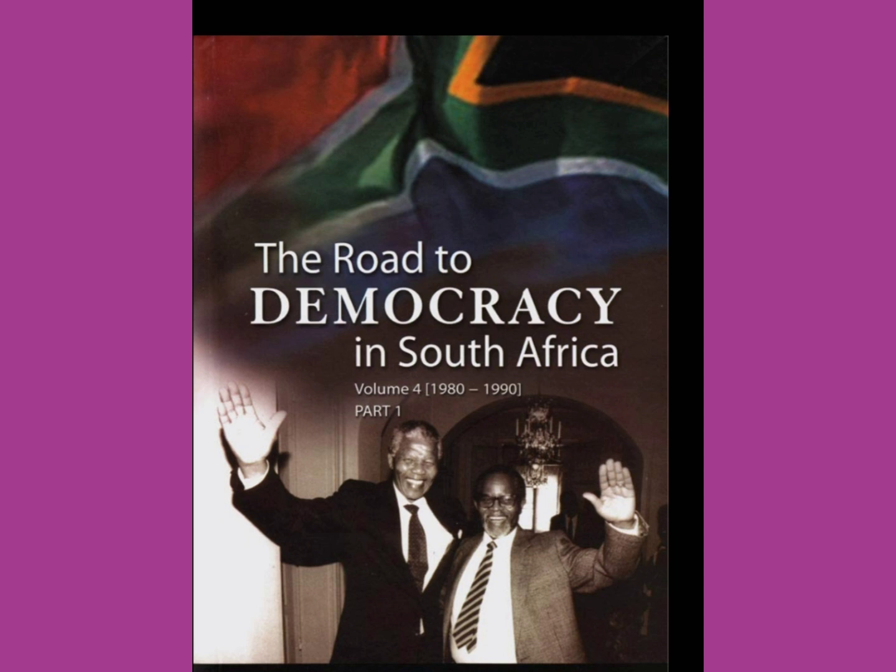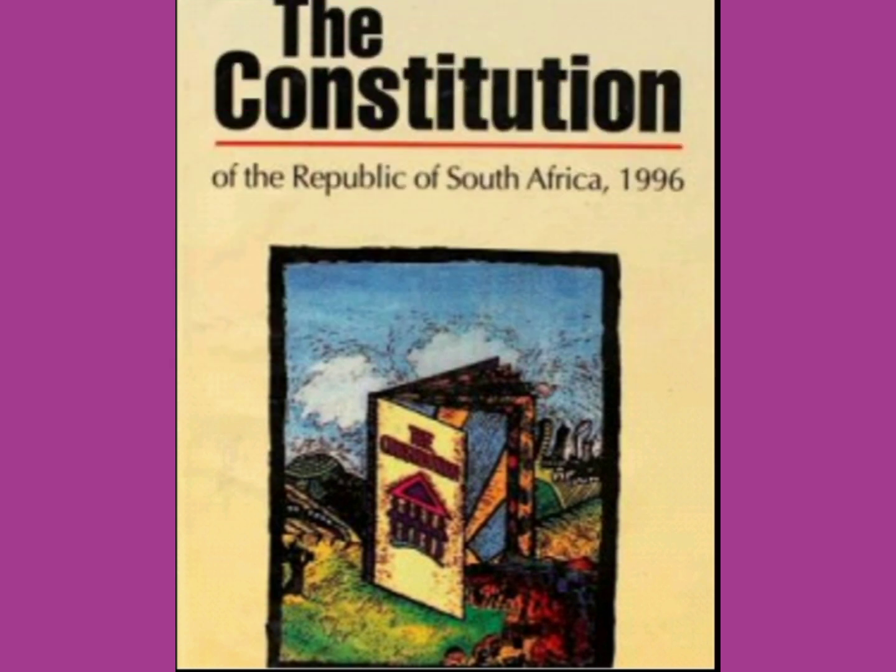The party that struggled for this freedom in Africa drew up the new constitution for South Africa. After 2 years of discussion and debate, this country came out with one of the finest constitutions in the world.